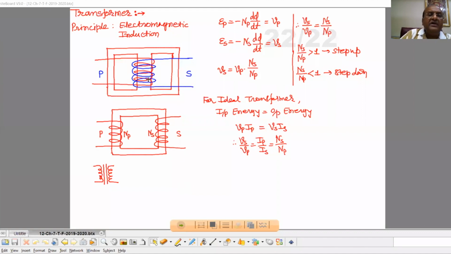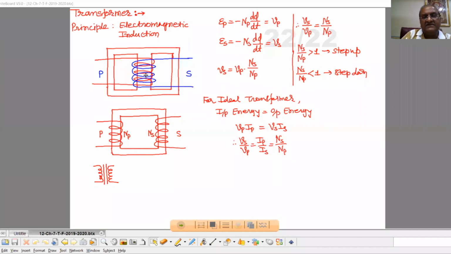In the third chapter, we studied that resistance R is rho L by A. So if the cross-sectional area of the wire is more, that is, for thick wire, the resistance is less. So we have to use thick wires for the winding of the transformer.